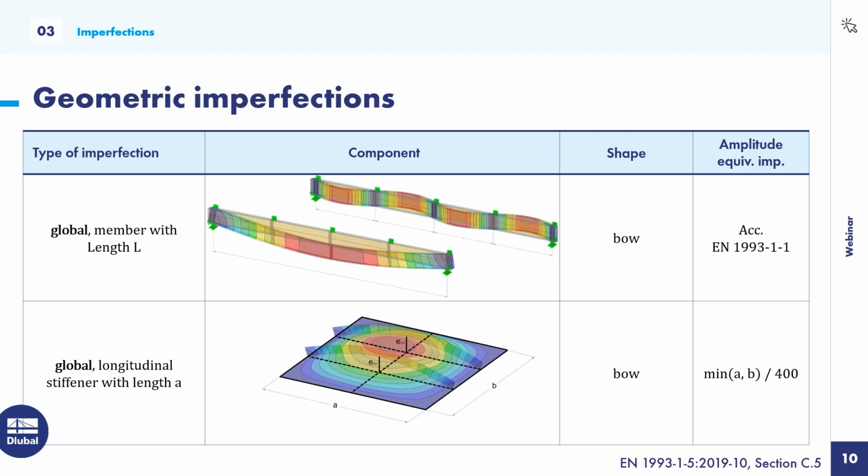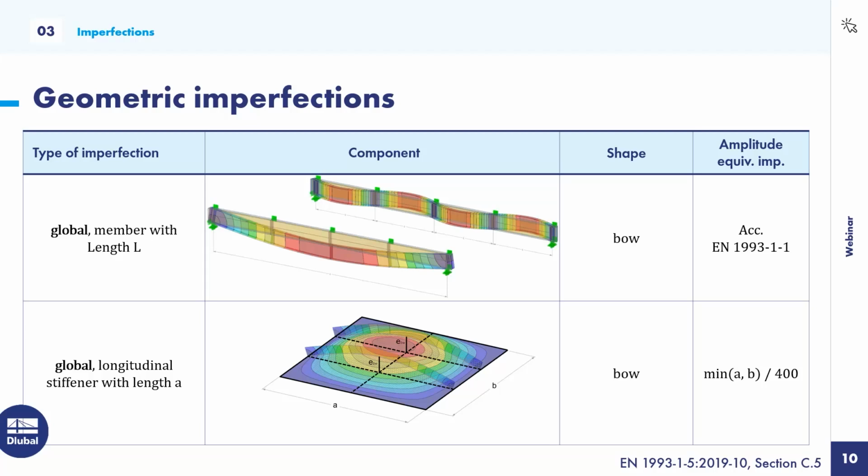However, global member imperfections, as shown above, which would be the first type of imperfection shown here, need to be considered. And we are familiar with this type of imperfection from Eurocode 3 part 1.1, as I said already. And this is exactly what is referenced here in Eurocode 3 part 1.5 for the imperfection amplitude of this geometric equivalent imperfection.